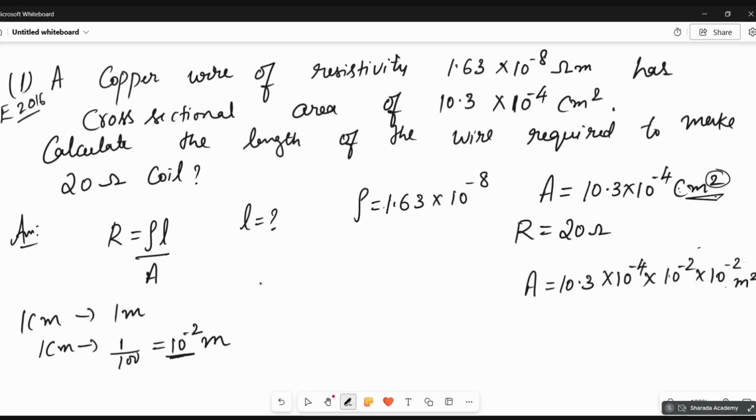Now substitute the values. R into A is equal to rho into L, or L is equal to R into A by rho. Now put the values and calculate. All exponentials, keep separately. The numerical value separately and calculate.